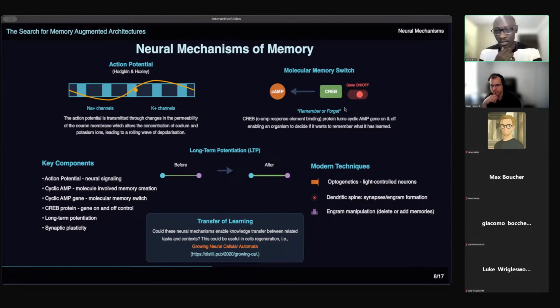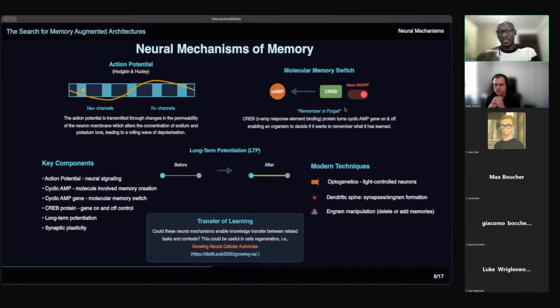There's a protein called CREB, cAMP response element binding, which enables a system to switch on and off the gene called cyclic AMP gene, which allows the organism to decide to remember what it has learned. So if you want to forget what you have learned, you just switch off this gene, and then you will never remember that, right?